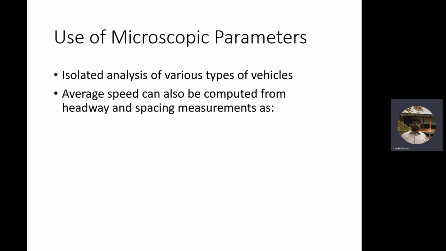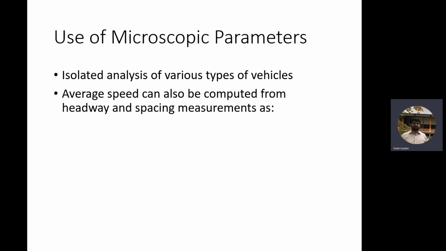Okay, what is the use of microscopic parameters? One use I already showed you, which was what? If I give you a microscopic parameter, you can do what? If I give you spacing, you can do what with it? You can calculate density, right?